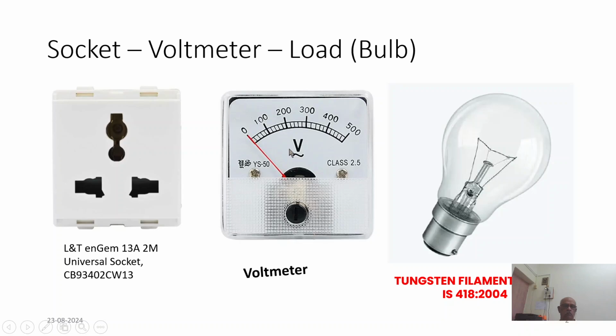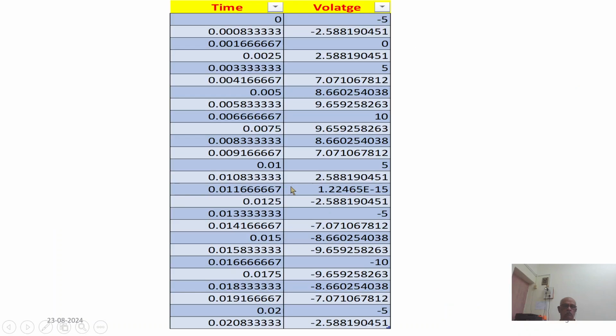If I want to measure the voltage across it, what I will get is at time t equal to 0, there is some voltage, -5, and subsequently, as time progresses, the voltage goes from -5 to -2, 0, then 2.55, 7, 8, 9, 10. So see here, from some negative value it has gone to 0, and then it started rising and has gone to a peak value.